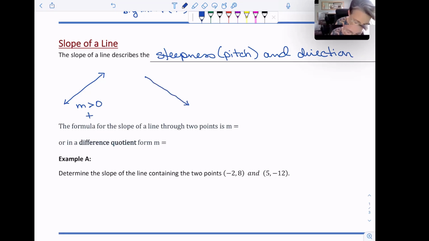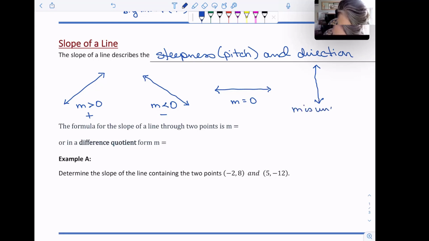If the line is decreasing left to right, the slope is negative. If the line is horizontal or constant, the slope is 0. There is no steepness. And if it's a straight vertical line, that means our slope is undefined.